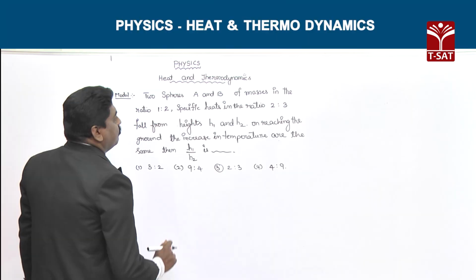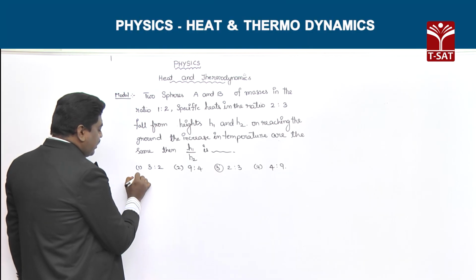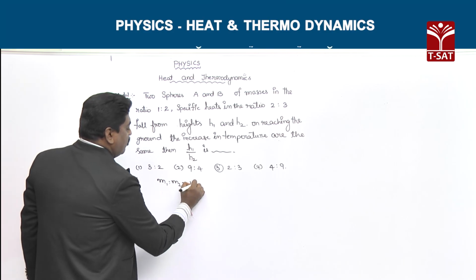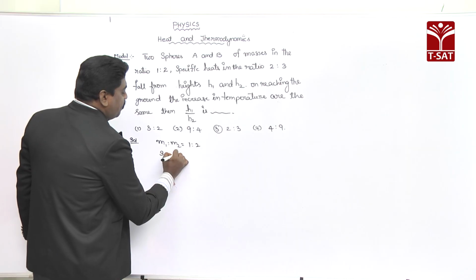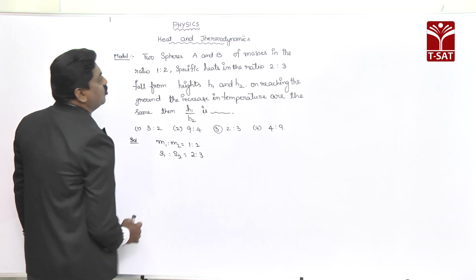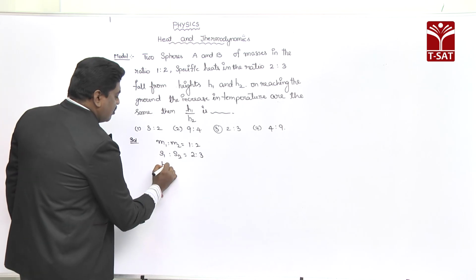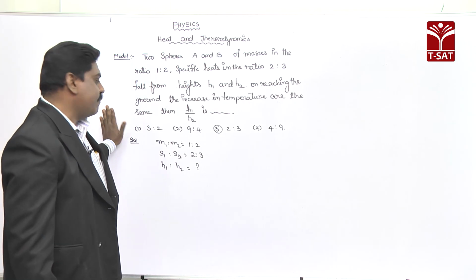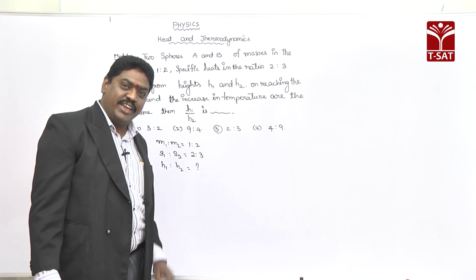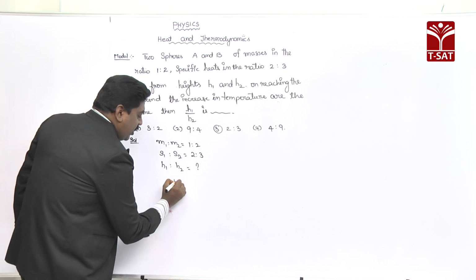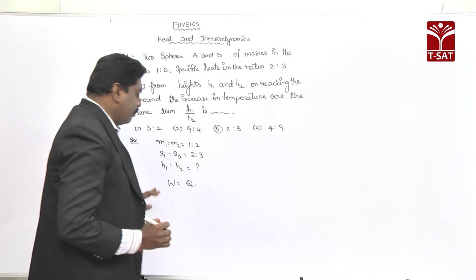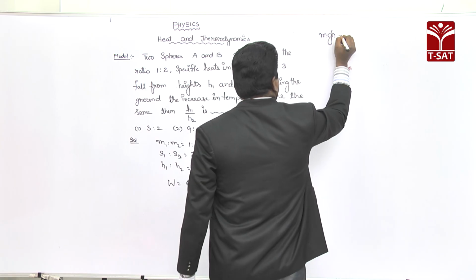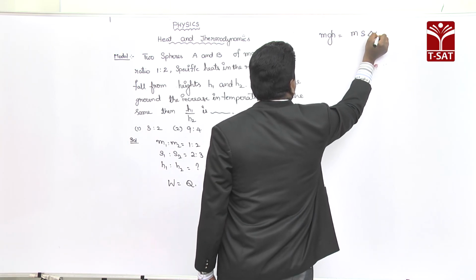Here we are given the ratio of masses as m1:m2 is equal to 1:2. Ratio of specific heats is given as 2:3. And we want the ratio of heights. Here the problem is related to Joule's mechanical equivalent of heat, which says that W equals Q. W is given as mgh and Q is given as m s delta theta.